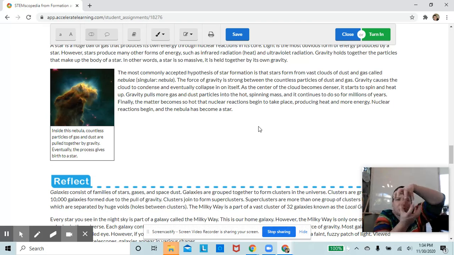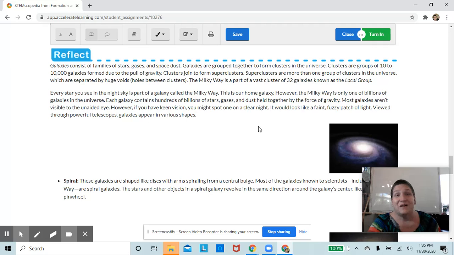Gravity pulls more gas and dust particles into this hot spinning mass, and it continues to do this for millions of years. Finally, the matter becomes so hot that nuclear reactions occur. Remember me talking about nuclear reactions? That fusion, that bonding together at the nucleus of an atom. And that nebula then becomes a star.